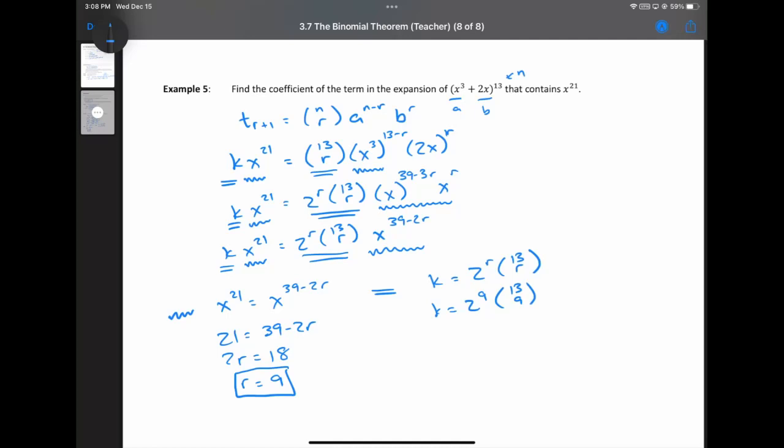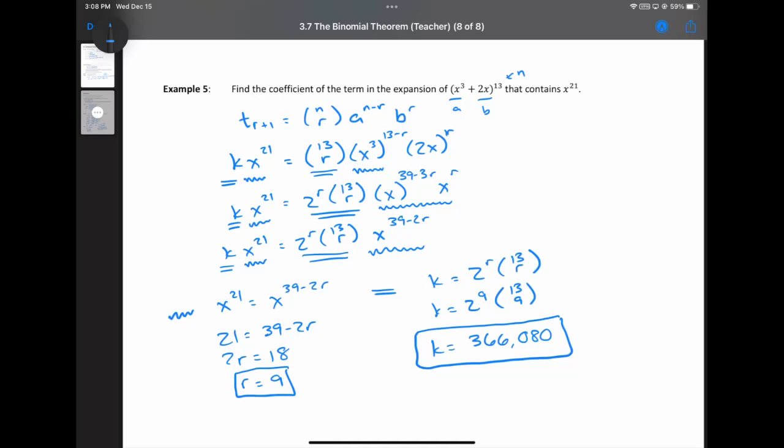I'm going to do 13 choose 9 first, and that gives me 715 times 2 to the exponent 9, and that gives me a grand total of 366,080. And since that's the coefficient of my term containing x to the 21, I have answered the problem.